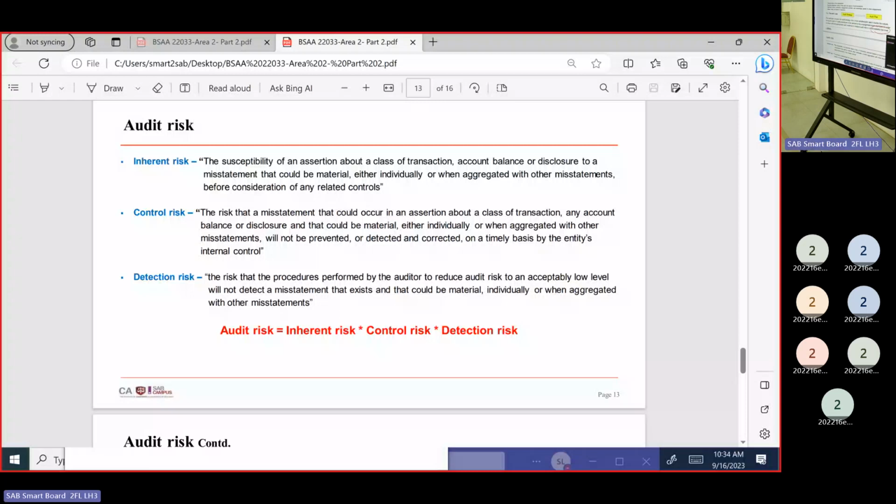The inherent risk we discussed is a part of business risk. Those business risks may impact the audit risk, may create a financial impact on the financial statements, right? So we have to capture what the impacts are to the audit risk.